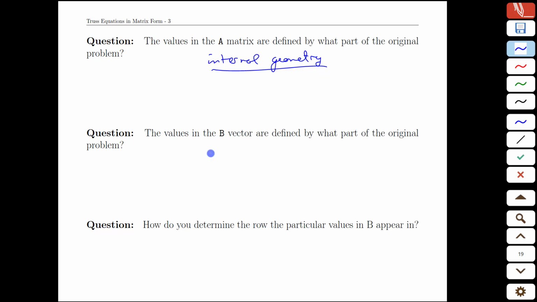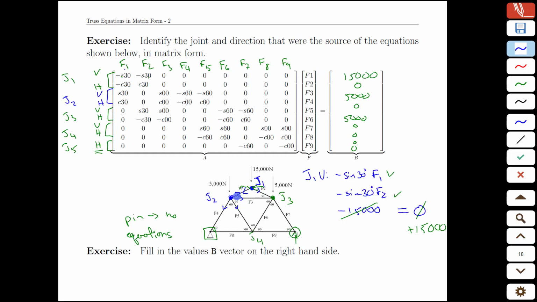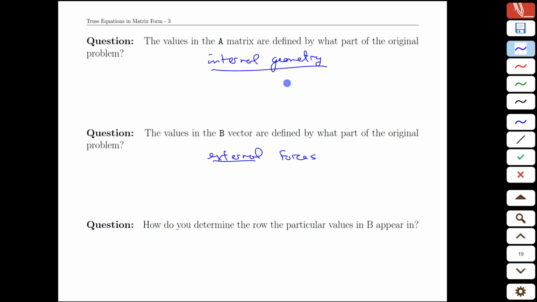The B vector is where we capture all the external forces. Anything that's not a balance in the internal beam structures, like these 5,000s and 15,000s, those end up in the B vector.